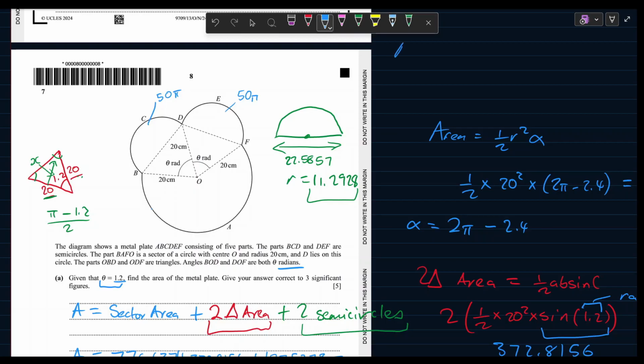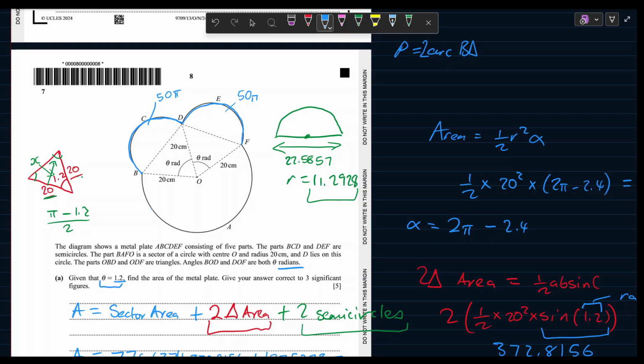So for perimeter, we can create an expression and say that our perimeter is going to be equal to, firstly, we've got arc BD, plus arc DF. But because these two semicircles are exactly the same, arc DF and arc BD will be the same. So I can just say 2 times arc BD.